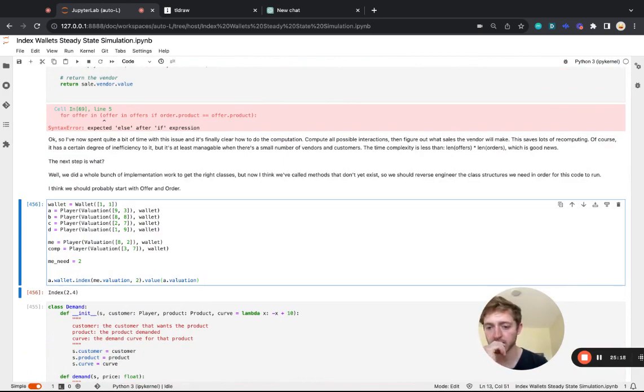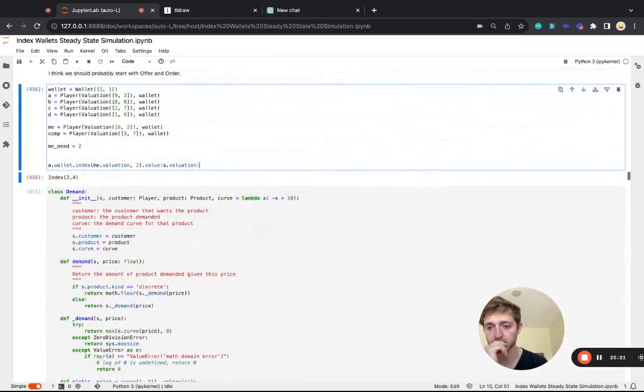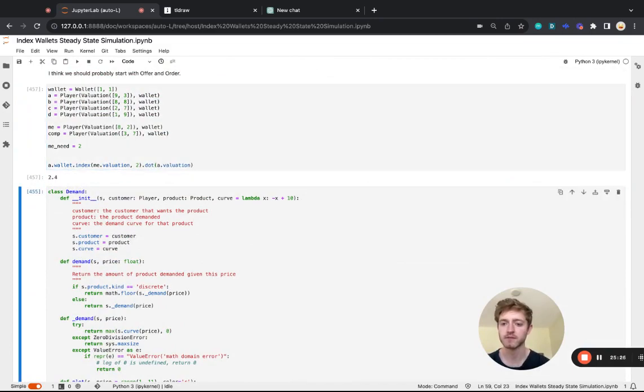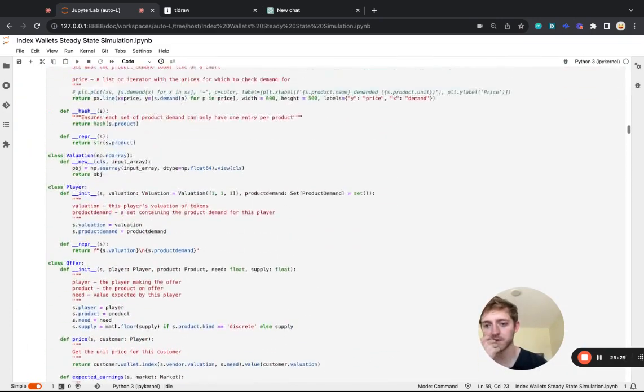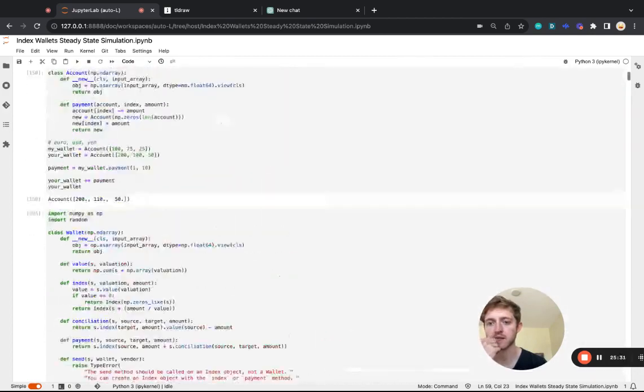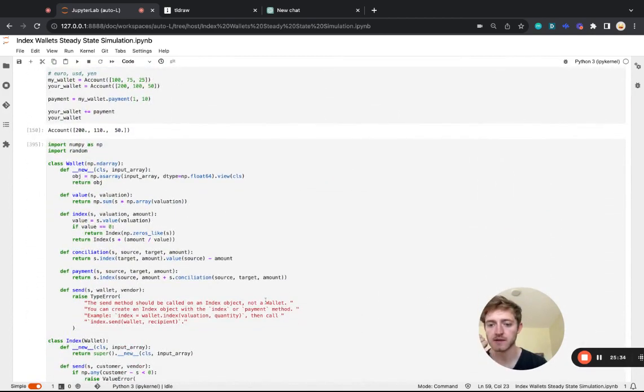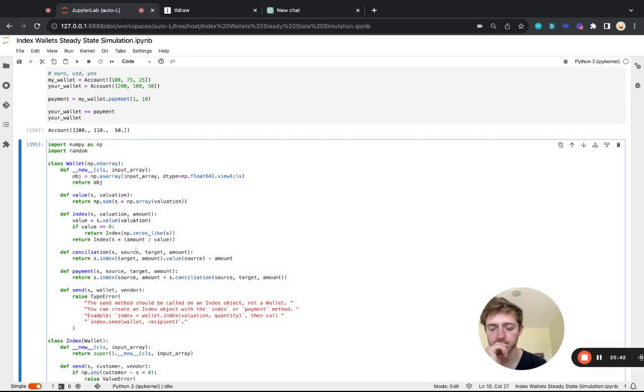Value of a dot valuation returns an index. What if we just did dot? Why does value return an index? Did I edit this? S times, yeah. As type float.